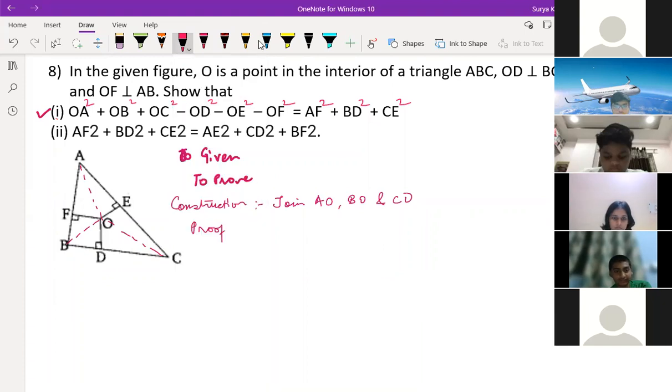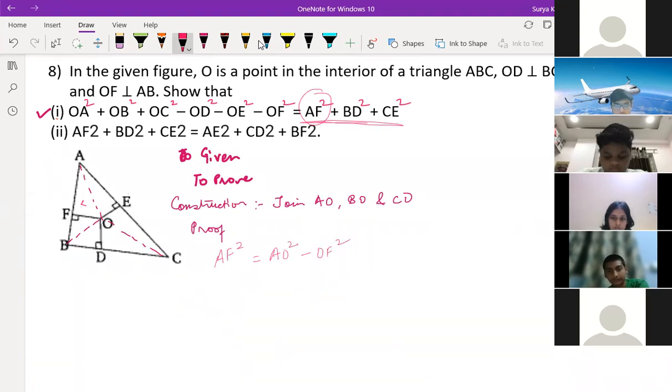Okay. See, anyway, look at the right hand side here, children. What can we write for AF square? Try to understand. We have joined AO, BO, and CO. AF is not the longest side of triangle AOF, so AF square is equal to AO square minus OF square.